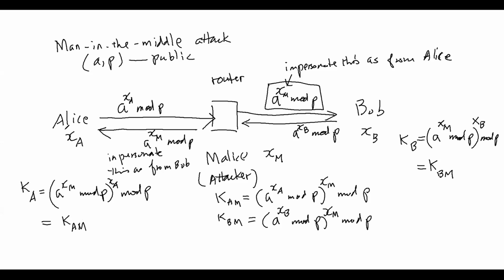So that means Alice now establishes the same kind of secret key with Malice, instead of with Bob. So this is a man-in-the-middle attack.